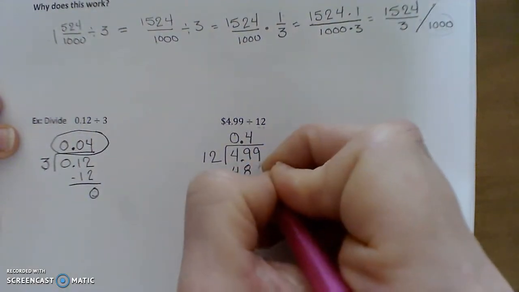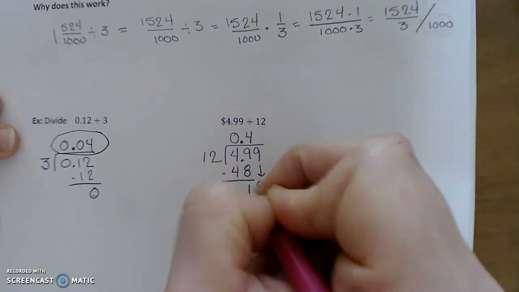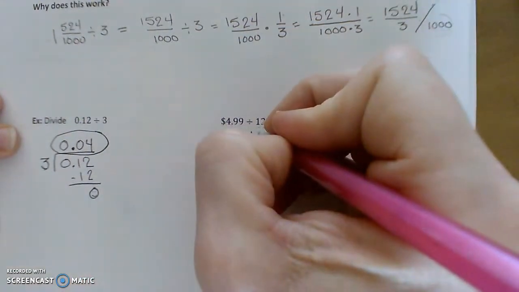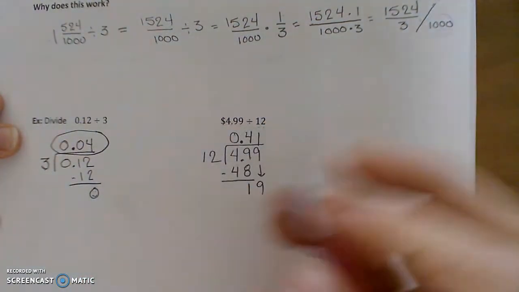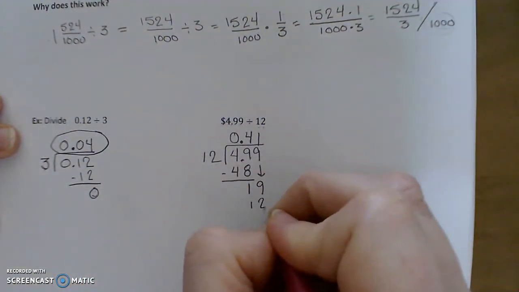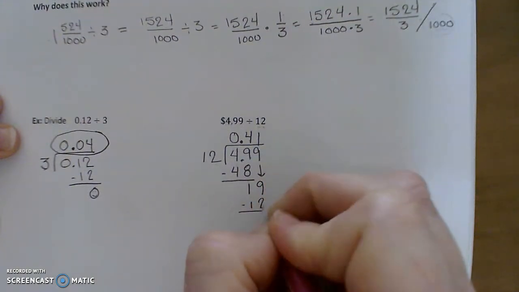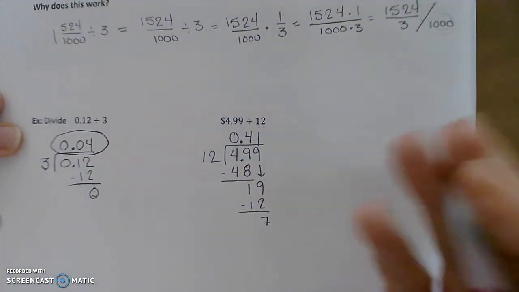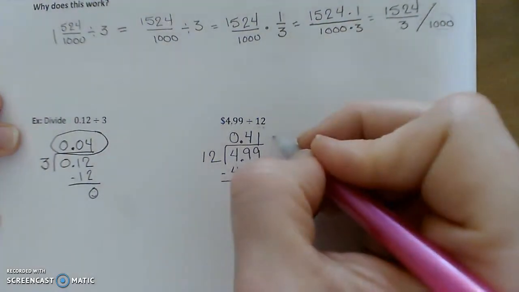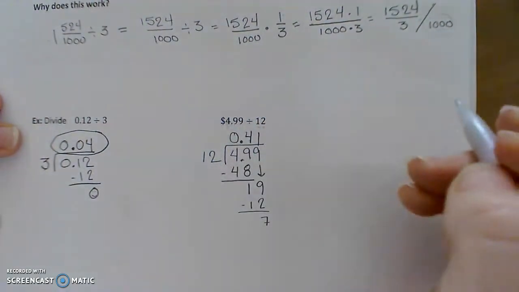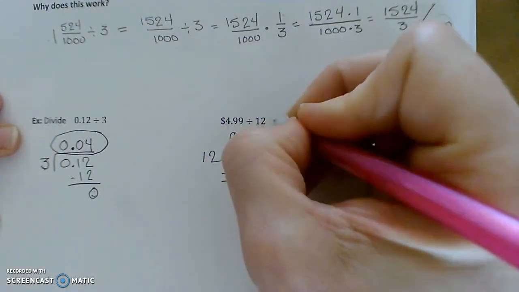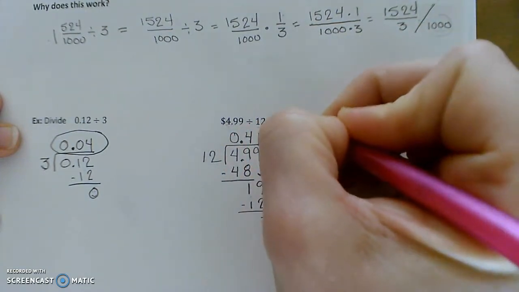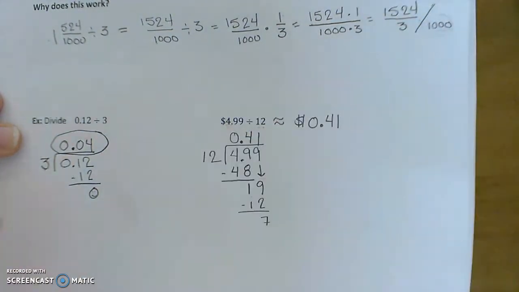Subtract, you get 1. Bring down your 9. 12 goes into 19 one time. 1 times 12 is 12. Subtract, you get 7, or 7/12. So really, if you did $4.99 divided by 12 people, each person would pay approximately 41 cents.